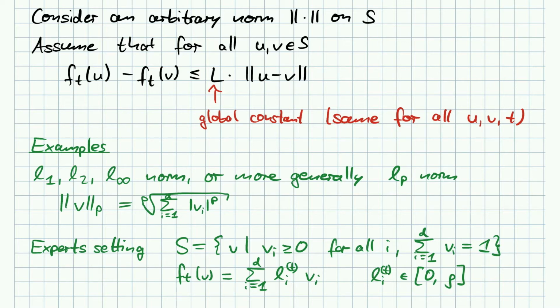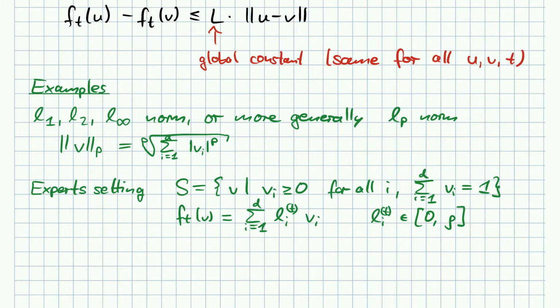So how can we bound this L for this kind of a function? This certainly depends on the norm that we're applying here. So for the L1 norm, for example, the norm of u minus v is nothing but the sum of the absolute values of ui minus vi.